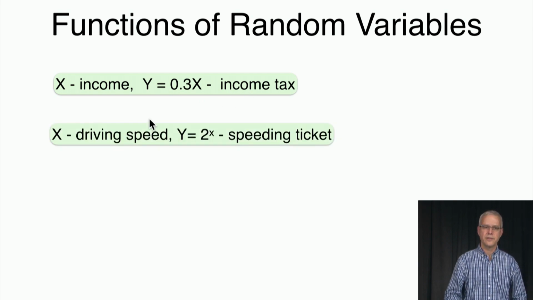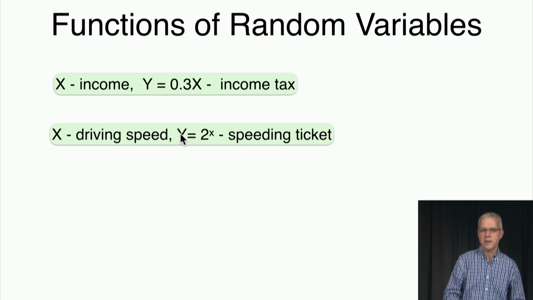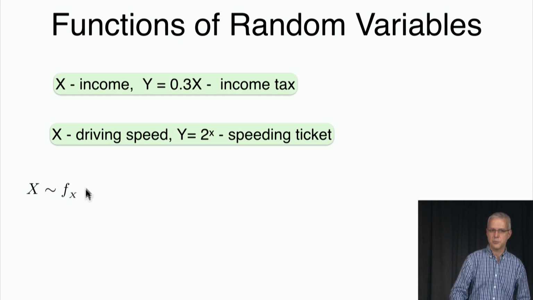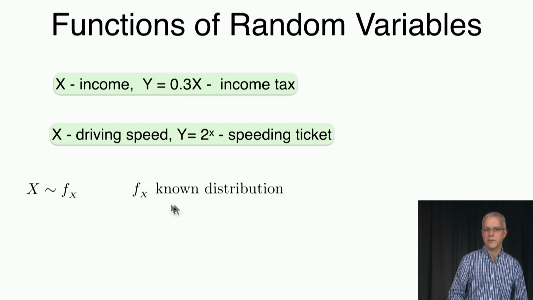Or if their driving speed is x and they get caught by a policeman, then maybe the fine that they're going to pay is a random variable y, which is 2 to the x. That's how much they'll need to pay. So what we have is a random variable x distributed according to some distribution function F_X, and we're going to assume that F_X is some known distribution, so someone has given it to us.